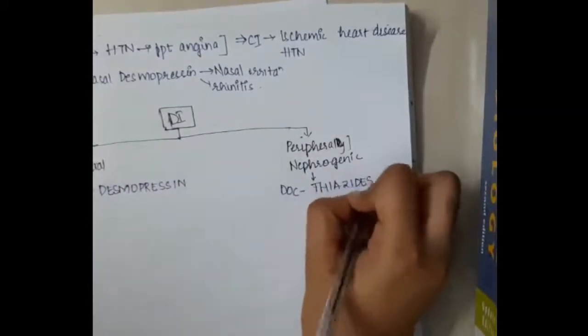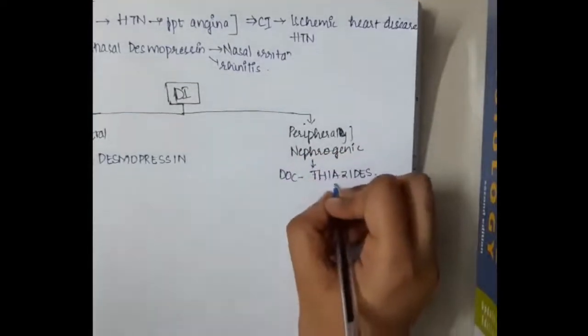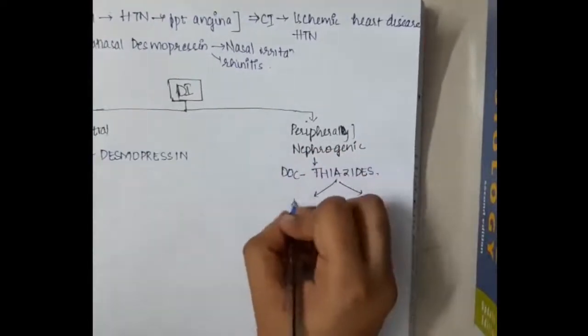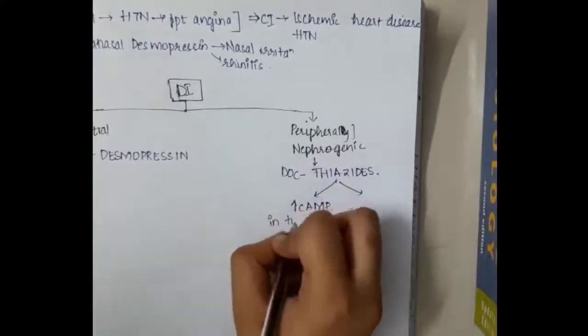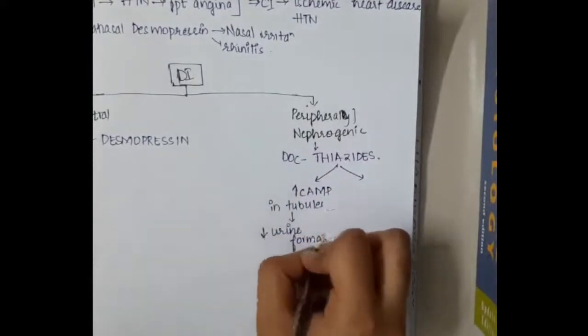Whereas in peripheral or nephrogenic diabetes insipidus, the drug of choice is thiazide diuretics. These thiazide diuretics will increase the cyclic AMP in tubules and thus decrease the urine formation.